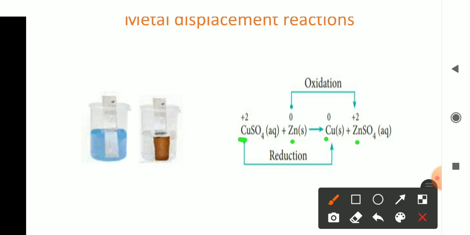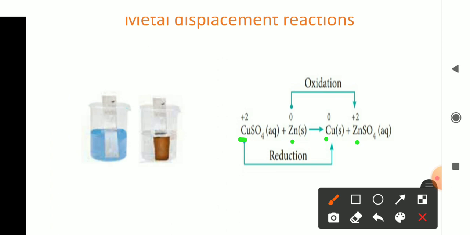The place of one metal is displaced or occupied by another metal, and so this reaction is called a metal displacement reaction. With the example, we can understand very clearly.